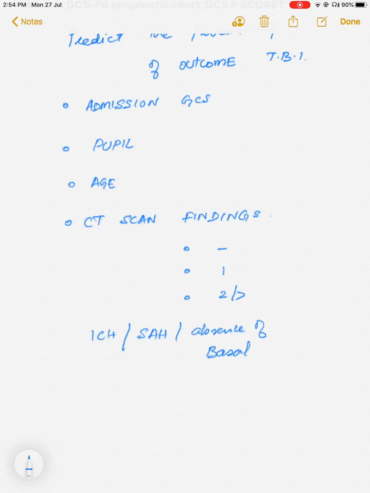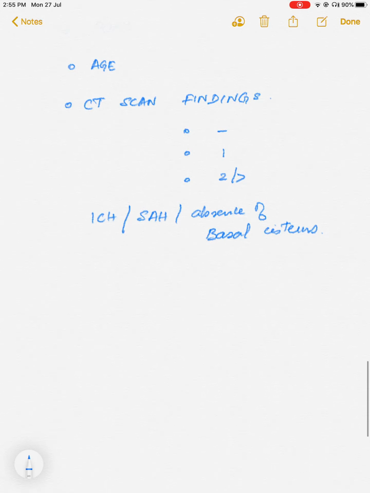These are what we call CT scan abnormalities. Before ending, we need to know what we mean by the GCS-P score. P will stand for pupillary abnormality.